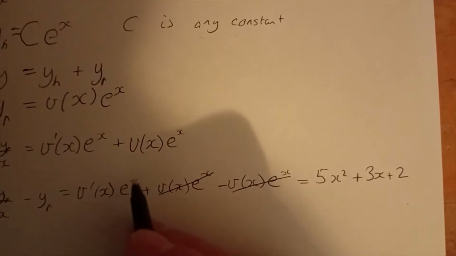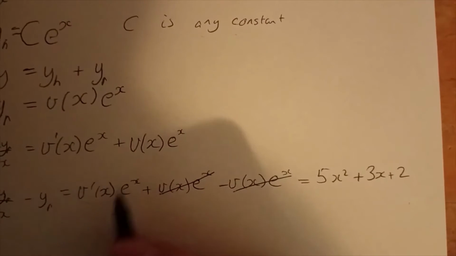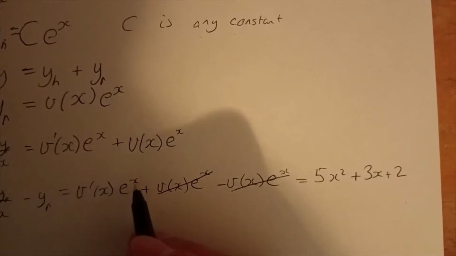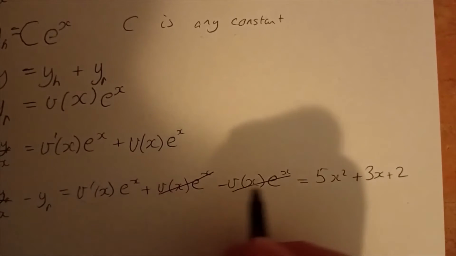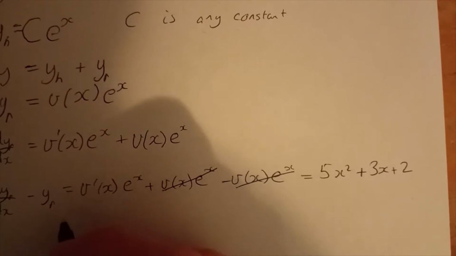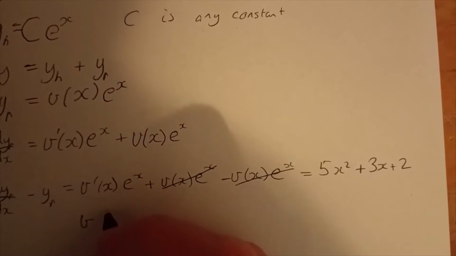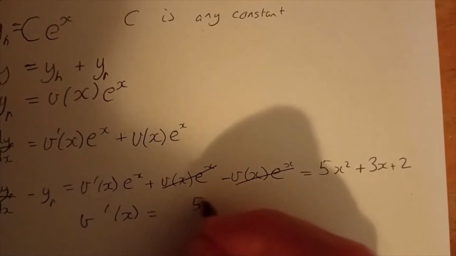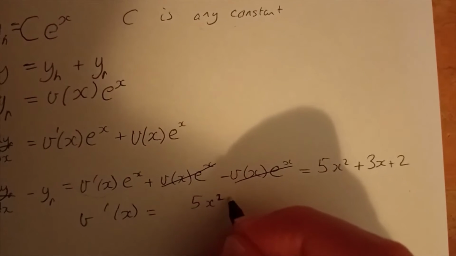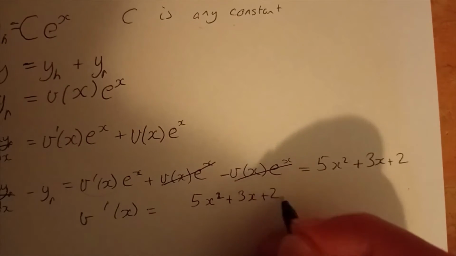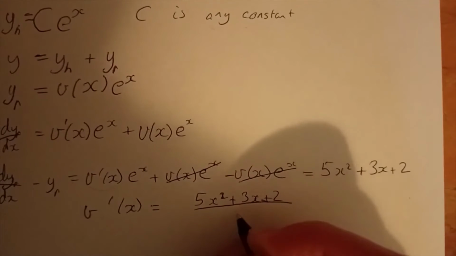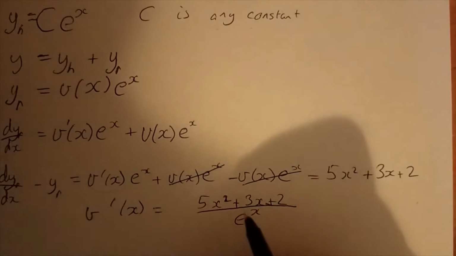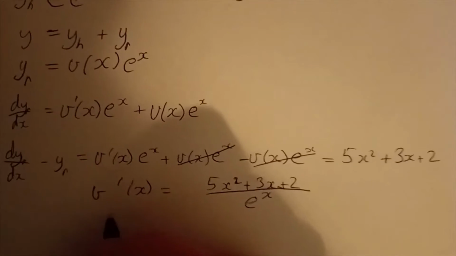So we can just divide by this e to the x, and then we'll solve for v of x by taking the integral of whatever is left on the right hand side, which will be as follows: v prime of x equals 5x squared plus 3x plus 2 over e to the x. So we find v of x by taking the integral of this.